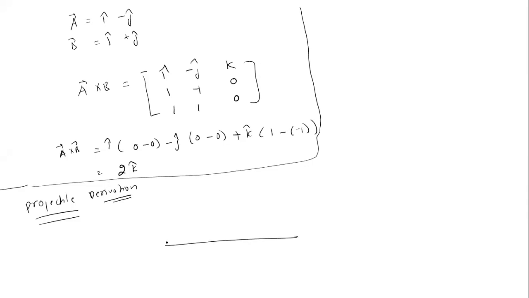Let us suppose we have a projectile which is projected with initial velocity u at angle theta. Then what is the time of flight, the range and the maximum height? To find the time of flight, we have to apply the equation along the y-axis. This is the x and this is y.